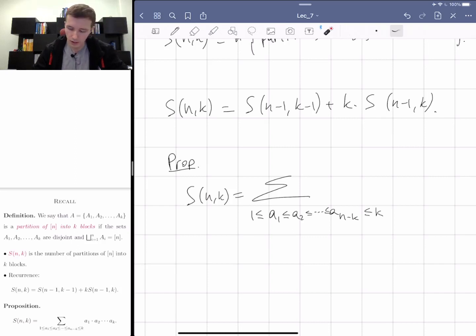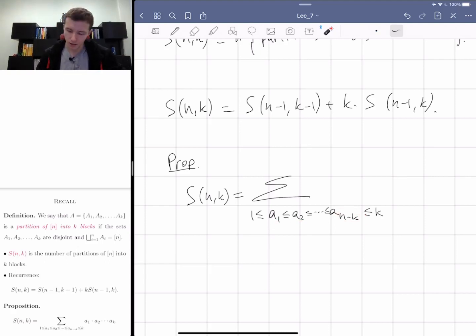So I'm looking at increasing sequences of n minus k numbers, and I'm just going to multiply these numbers together. And the claim is that what I'm going to get is these Stirling numbers of the second kind.